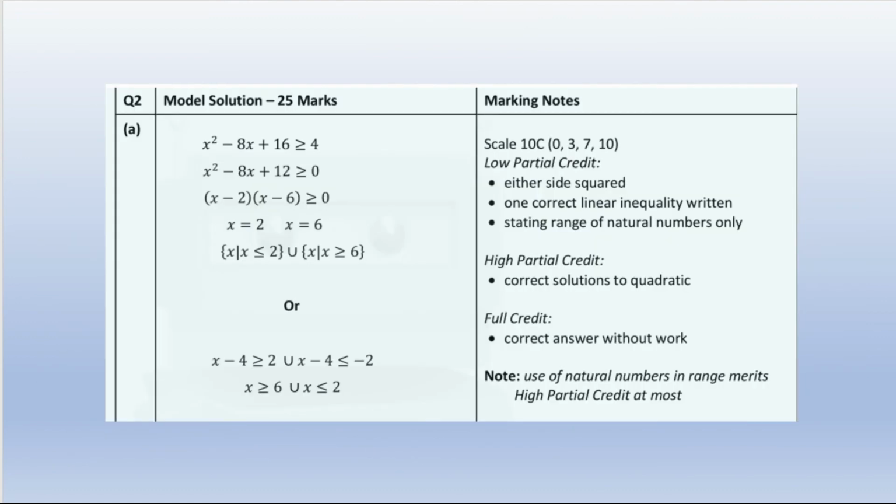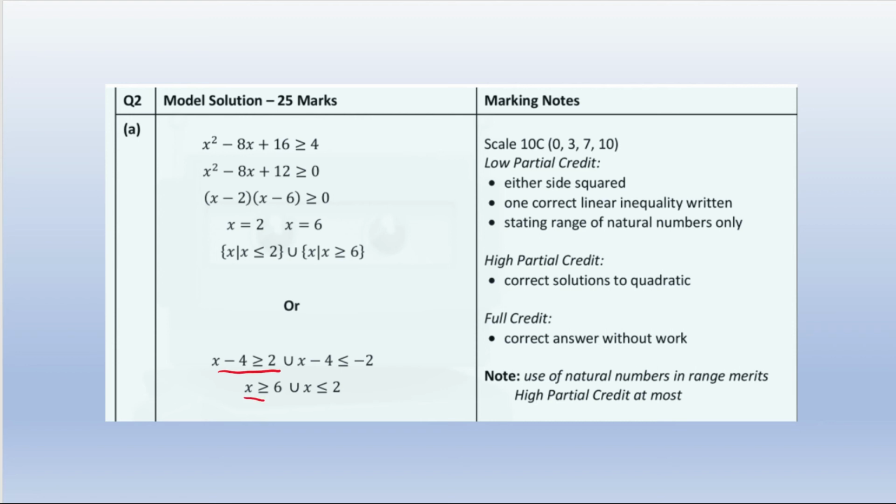So they took the scenario that x minus 4, so they've gotten rid of their bars now, is either going to be greater than or equal to 2, but it could also be less than or equal to minus 2. So they've taken the two scenarios of whether this here is a positive or a negative number. Once they have this, they simplified that.